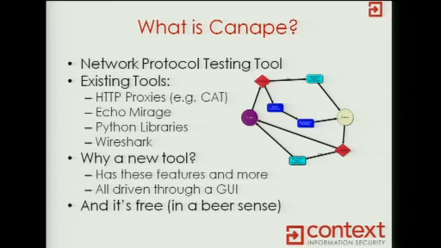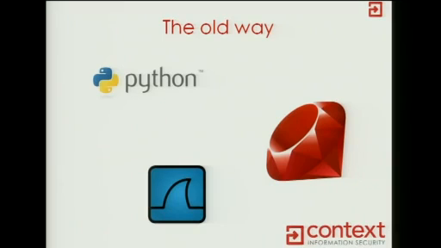So the reason I wrote CANAPE was I kept going on jobs on site somewhere, finding that I had some sort of bespoke binary protocol, fat client-to-server type protocol. And every single time I went there, I'd have to write some sort of application, because even if you're using a library for your protocol analysis, you generally still have to write the socket server, or you may have particular criteria you need to meet.